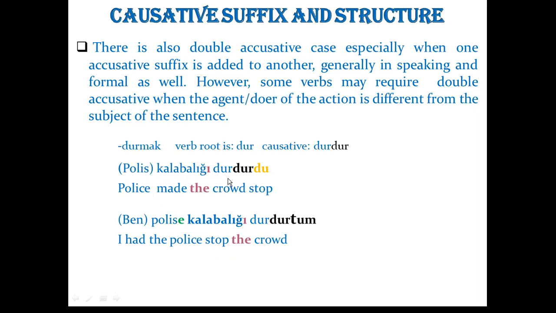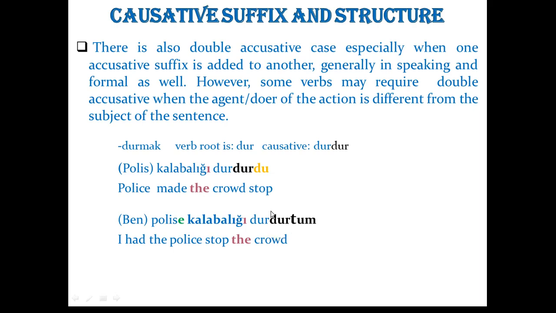So polis kalabalığı durdurdu. The subject is police, but here the agent of the verb is police, not ben. Ben is the subject of the verb or sentence, so that is different from the doer. So this time I had the police stop the crowd.